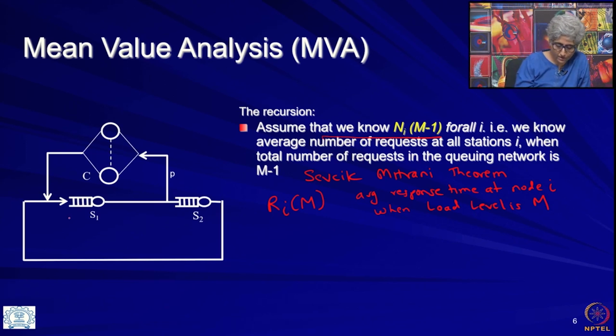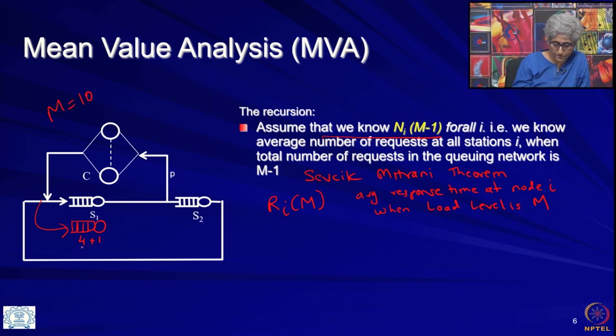Suppose there were 4 customers here in the queue and 1 in the server. So, there are 5 customers in the system here, and now a request arrives. Suppose m is equal to 10.